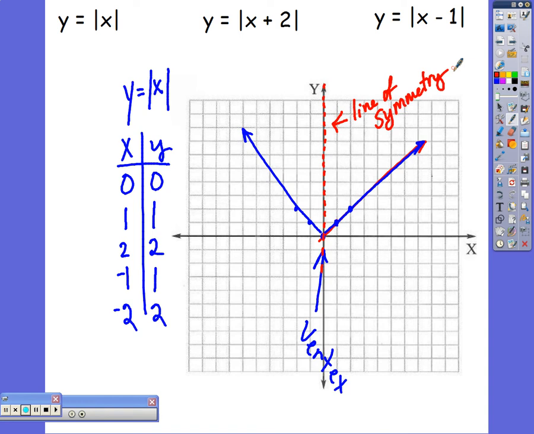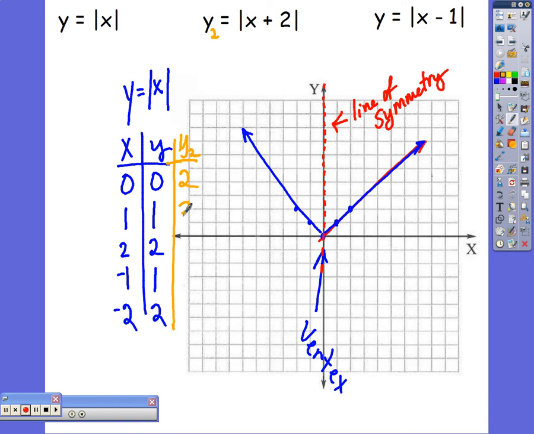All right, so let's go ahead and graph the one if x is +2. We'll make this one orange. We'll call this y sub 2 for our second graph. So if x is 0, 0 plus 2 is 2. Absolute value of 2 is 2. 1 plus 2 is 3.